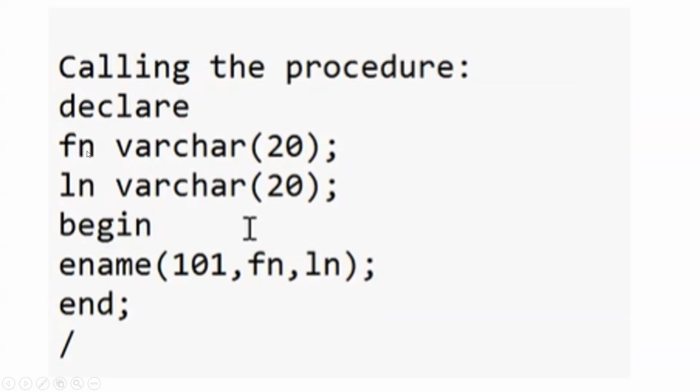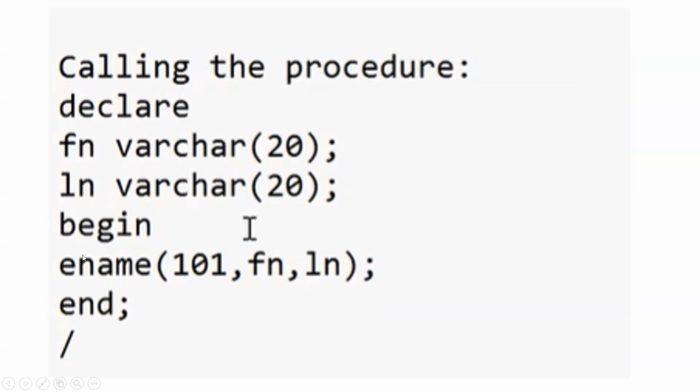Here we declare two variables, first name varchar 20 and last name varchar 20. Begin, then ename, that is the procedure name. See, the procedure you are calling here. Two variables you have declared here.